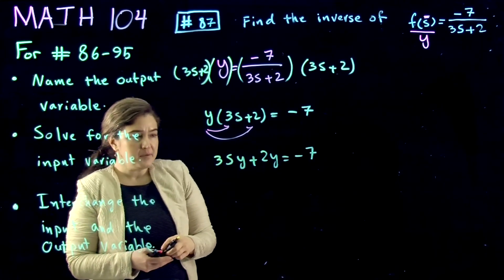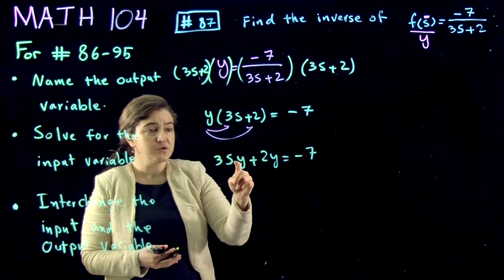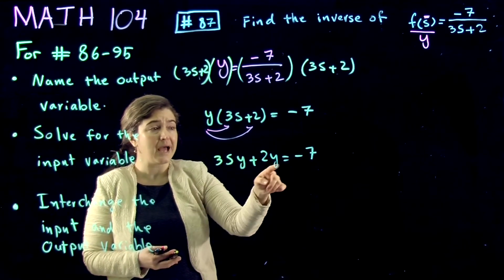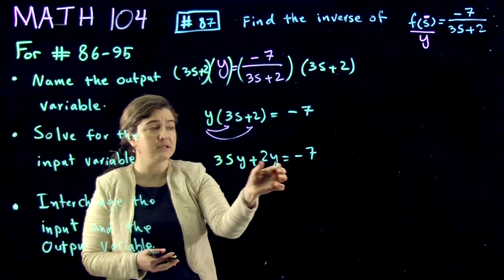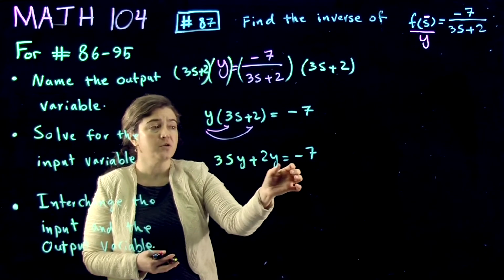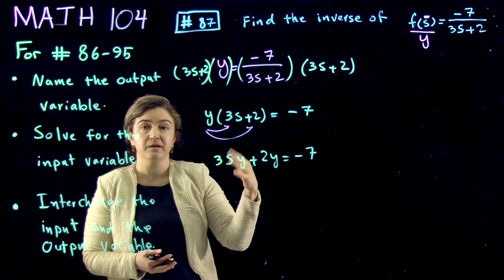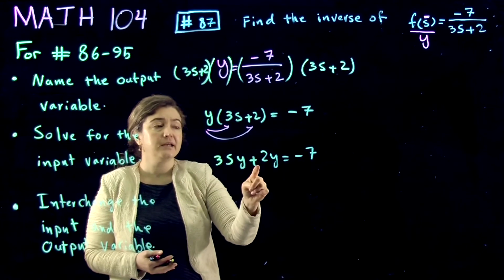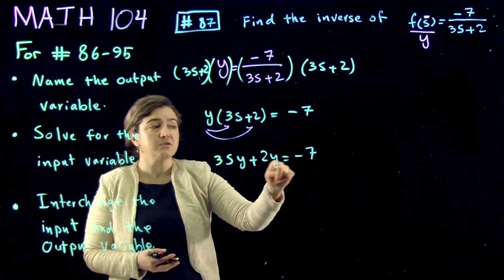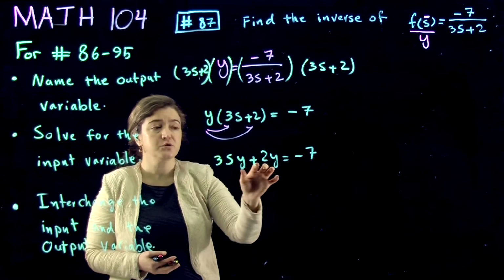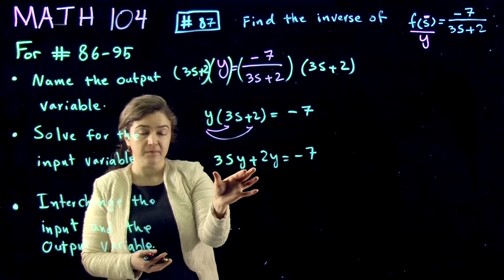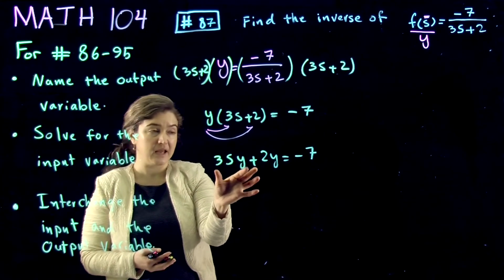The next step is to add or subtract. Now that they're all in the form of terms added or subtracted from each other, I can add or subtract terms to isolate the term with s.